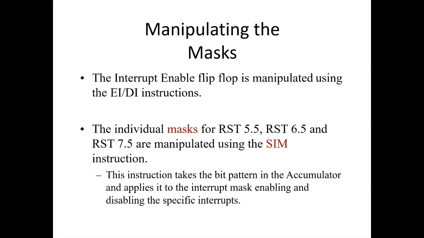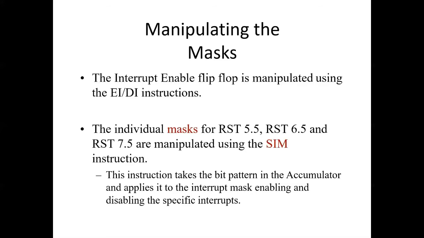Note that except bit 5, which is a don't care bit, the other bits of the accumulator decide the effect of executing the SIM instruction. Masking of interrupts: only the least significant 4 bits of the accumulator are used for masking or unmasking of interrupts. Bit 3. This is the mask set enable bit.